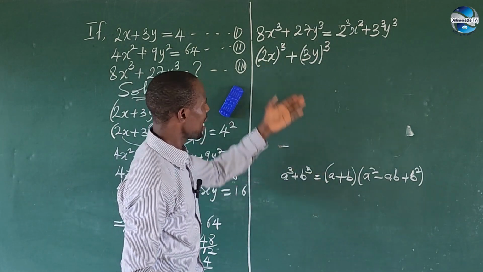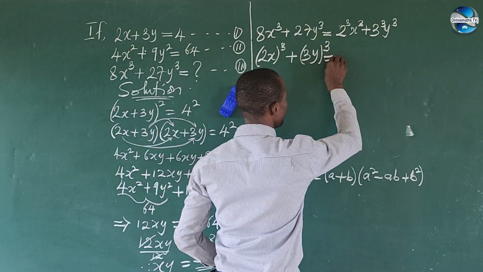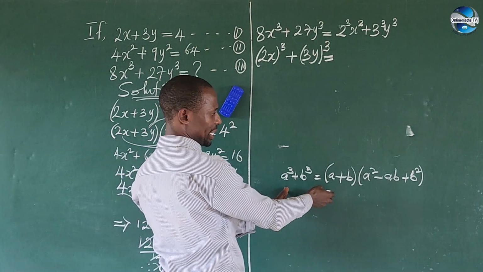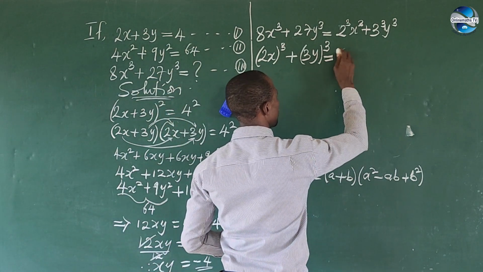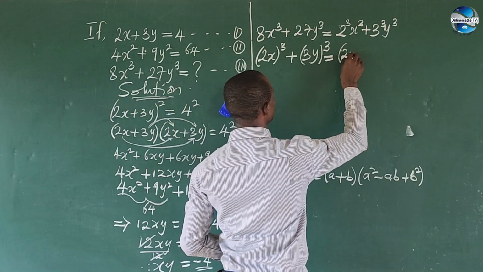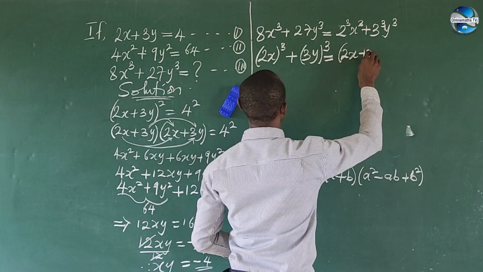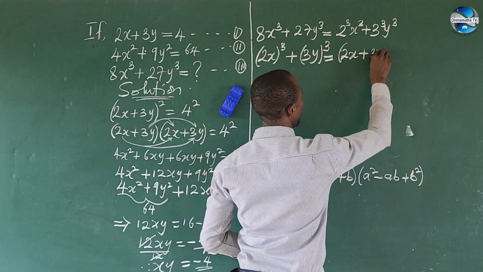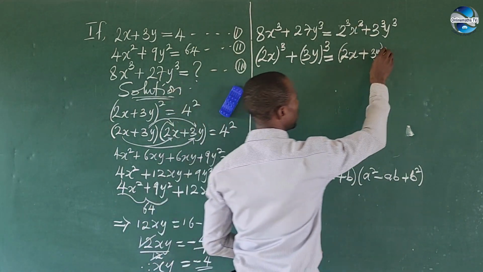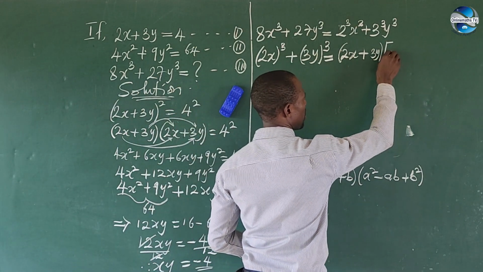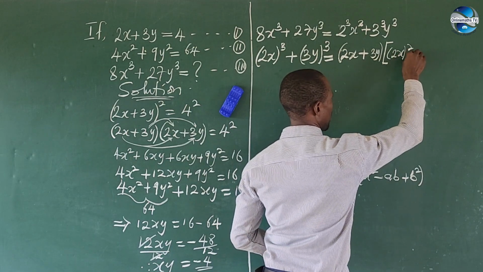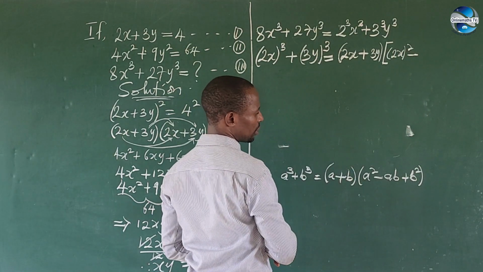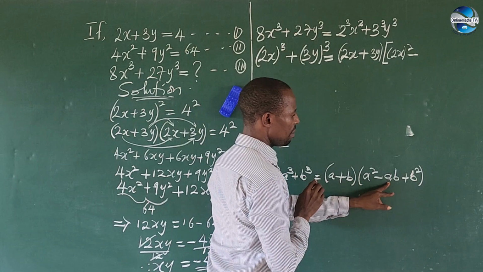So if we apply this algebraic identity, this will give us here our 2x plus 3y in brackets first. Then let's take this into our square bracket: (2x) all squared, then minus, here we have ab.